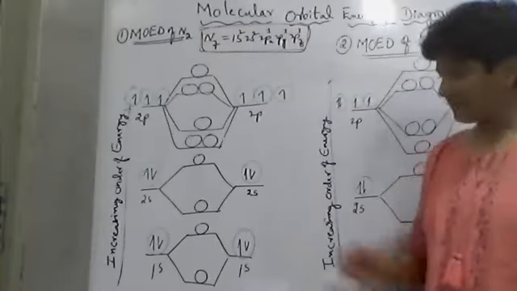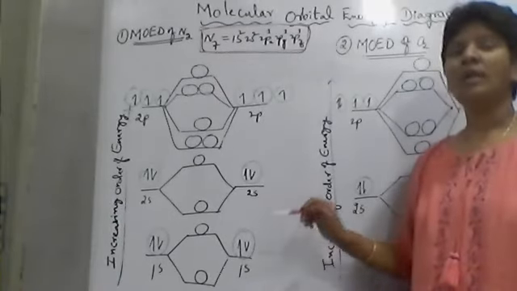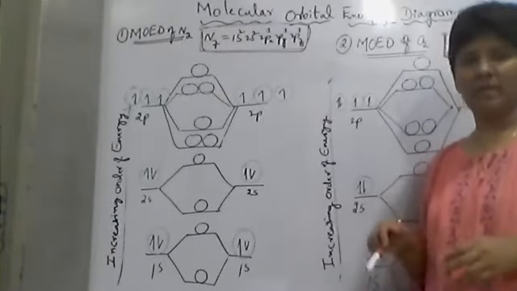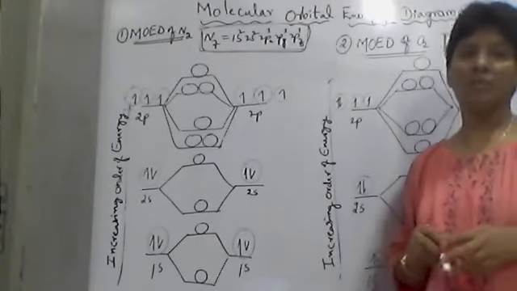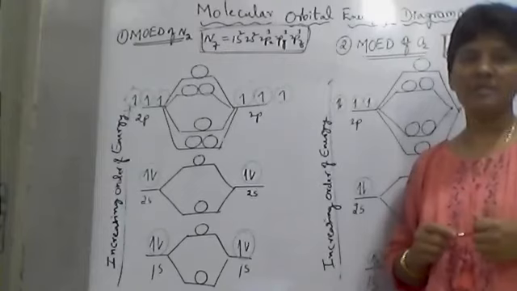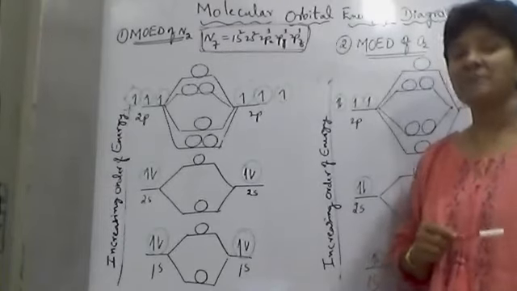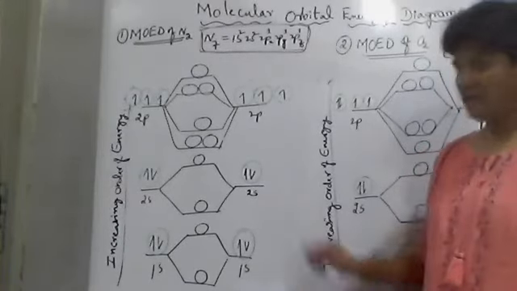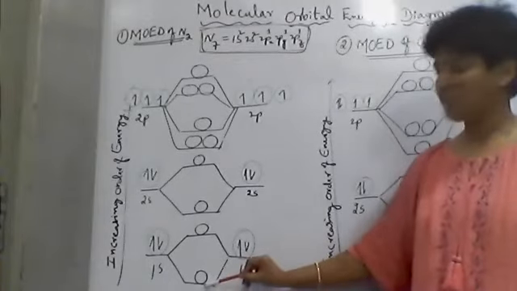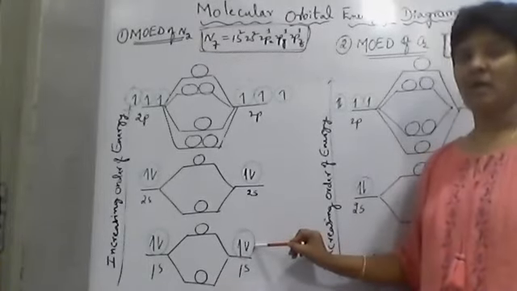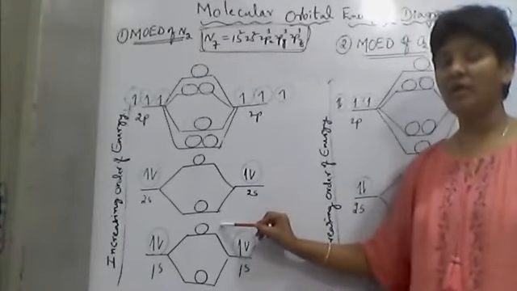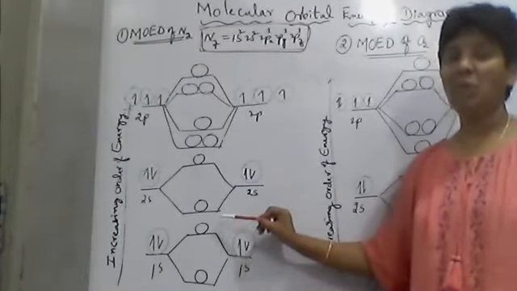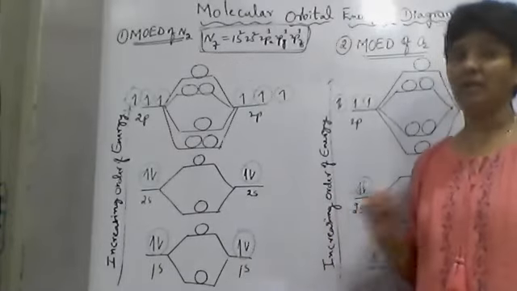So it is clear that according to molecular orbital theory, when a molecule is formed by linear combination of atomic orbitals, you will see different types of orbitals. One is bonding molecular orbitals, which have lower energy than atomic orbitals, and the other is anti-bonding orbitals, which have more energy than atomic orbitals.